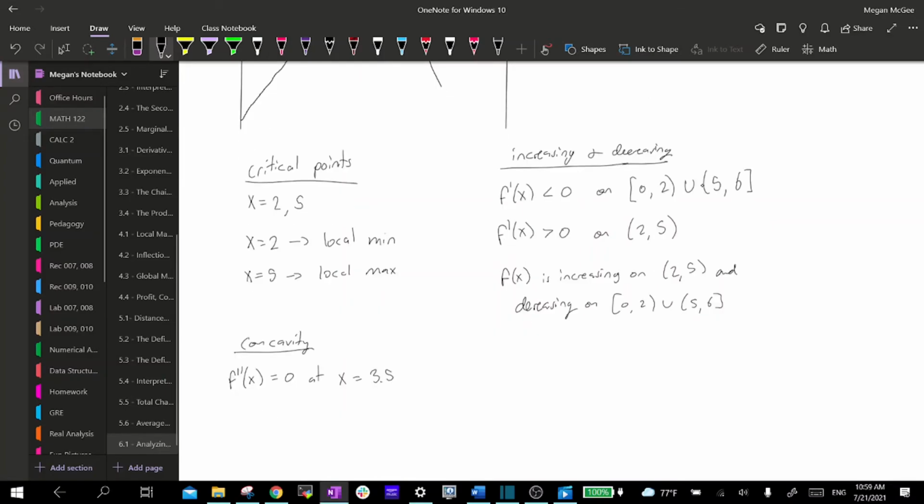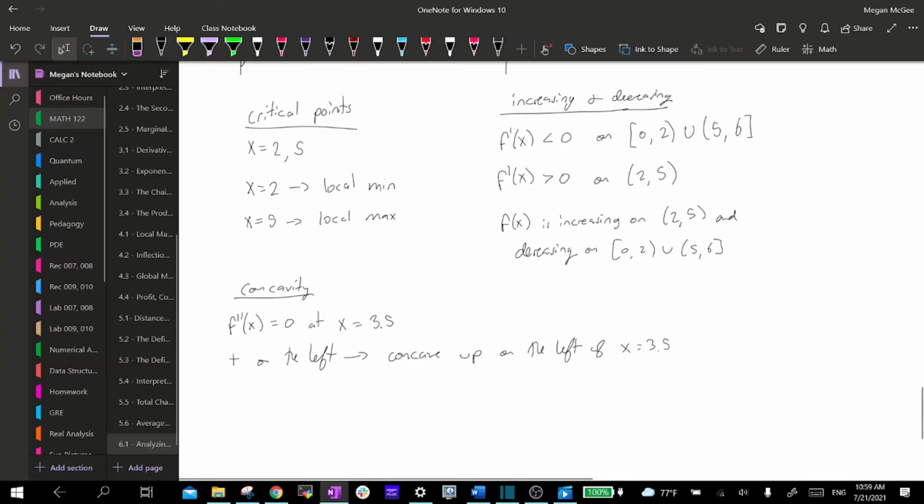So we were positive on the left, which means we have to be concave up on the left of x is equal to 3.5. And our second derivative is negative on the right, which means we need to be concave down on the right of x is equal to 3.5.